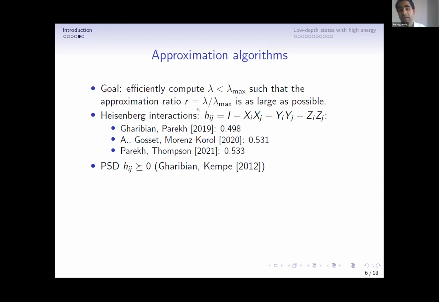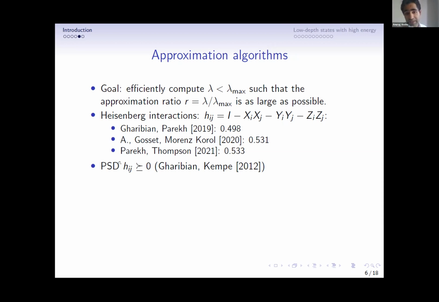It's efficient, and it achieves at least roughly half approximation ratio. So despite the fact that you don't know what lambda max is, you're guaranteed that your value is at least 0.498 times lambda max. Later, we improved this result to 0.531 using slightly more complicated states, and then Parekh and Thompson improved this to 0.533.